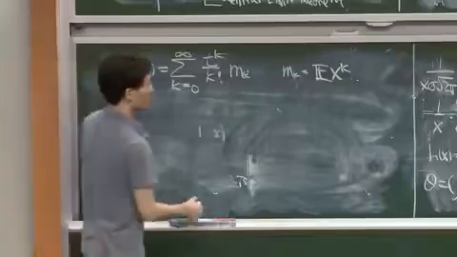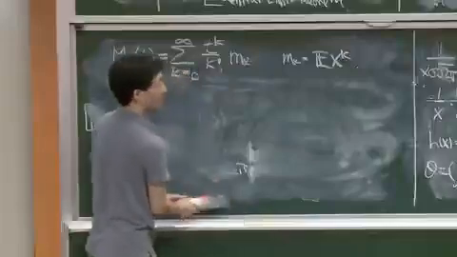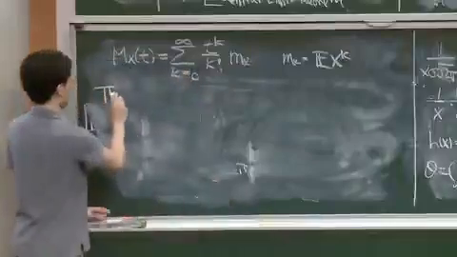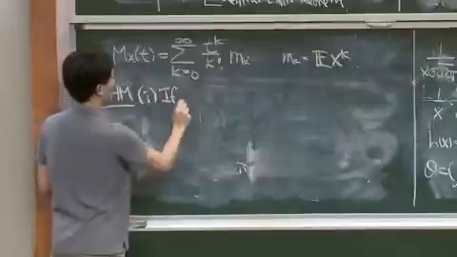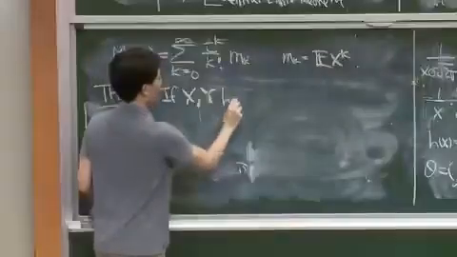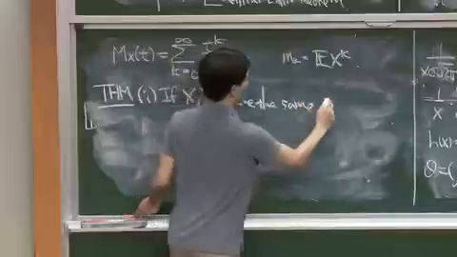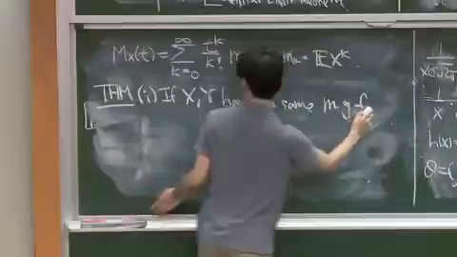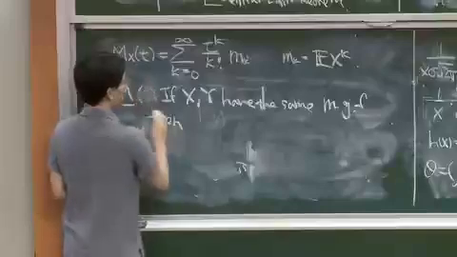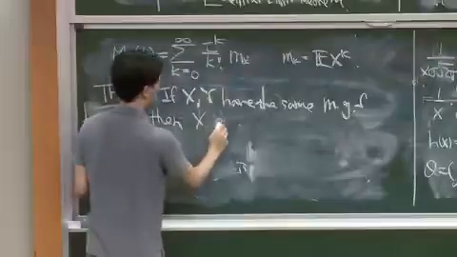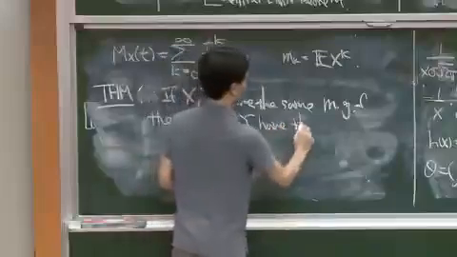So if the moment generating function exists, they pretty much classify your random variables. If two random variables, X and Y, have the same moment generating function, then X and Y have the same distribution.